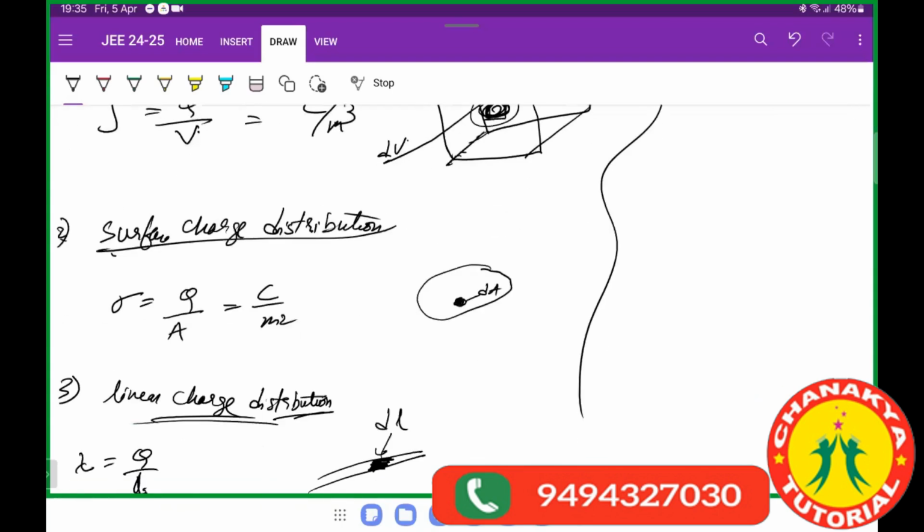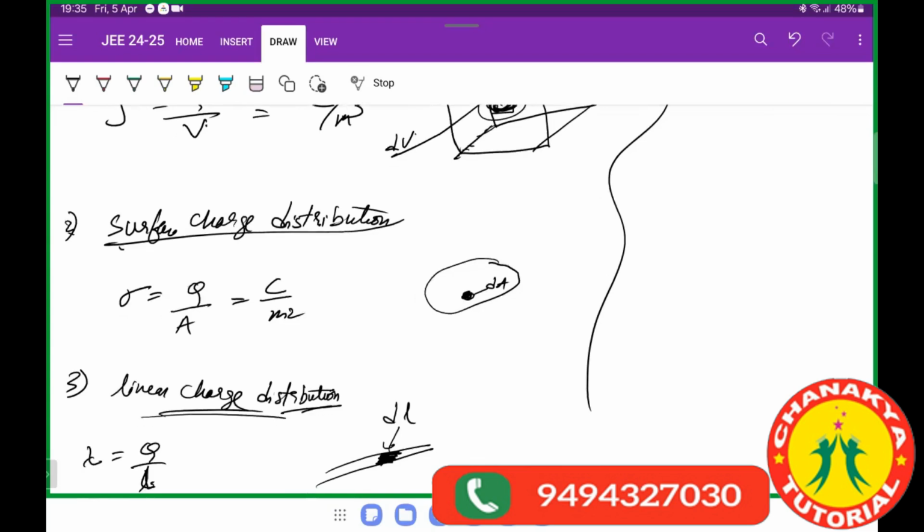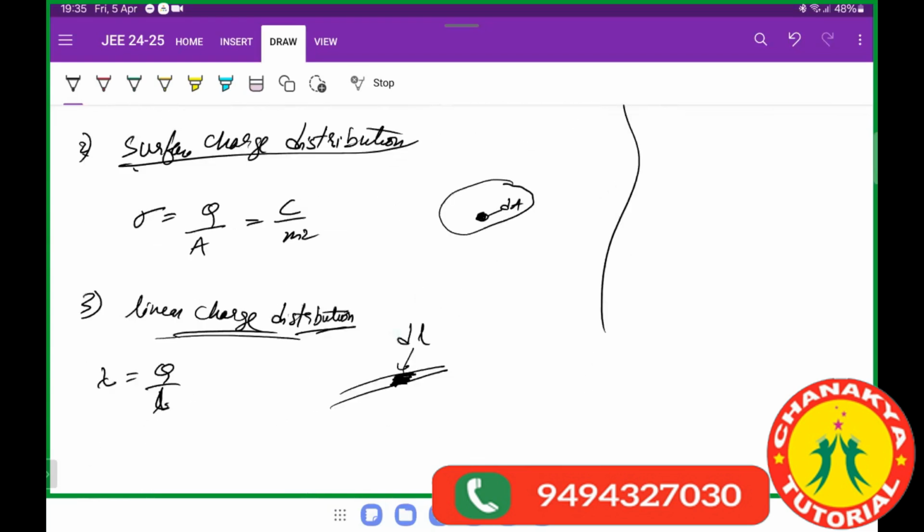So for a small element, we will take rho equals dq by dv. In the second one, sigma equals dq by dA. And lambda equals dq by dl. Simple.